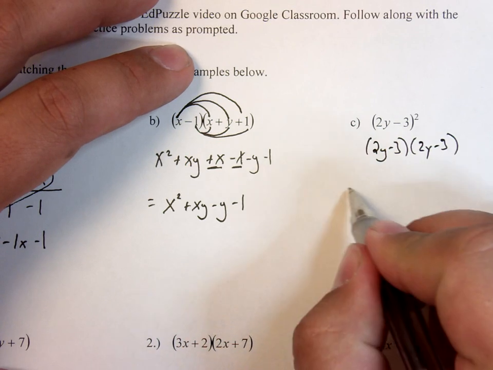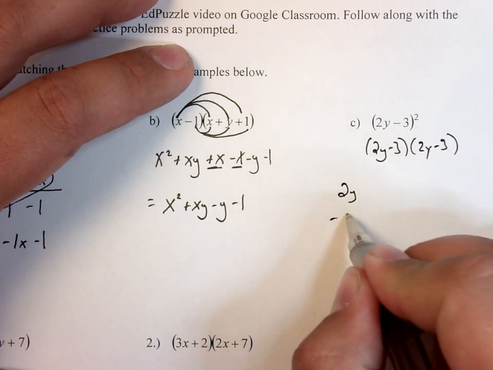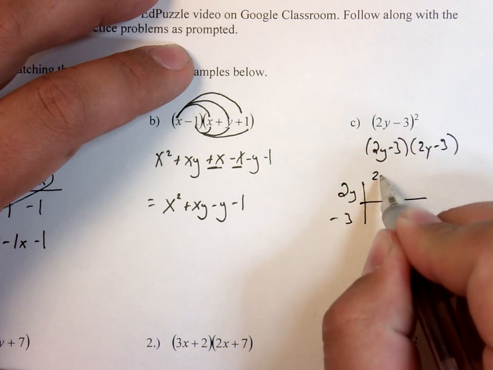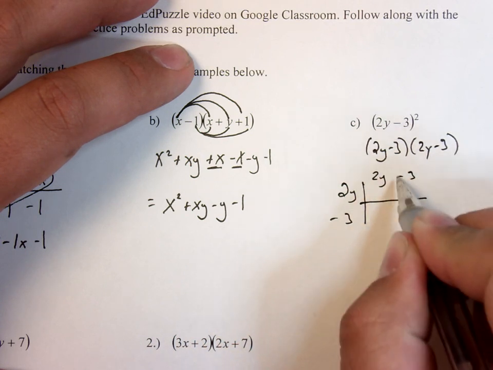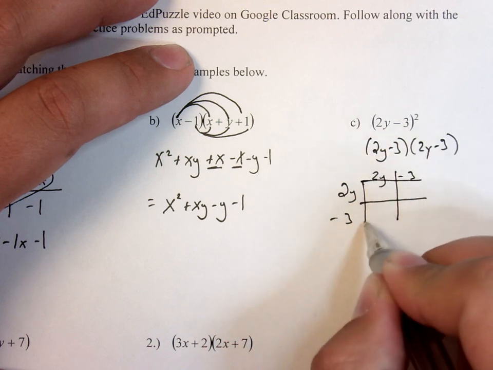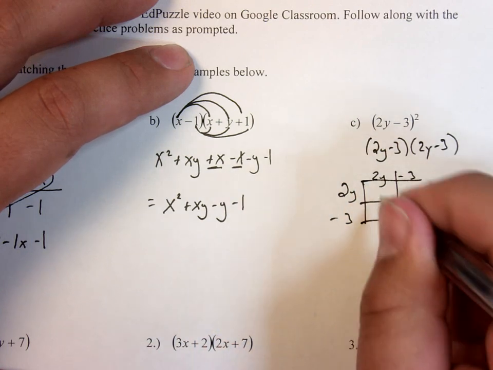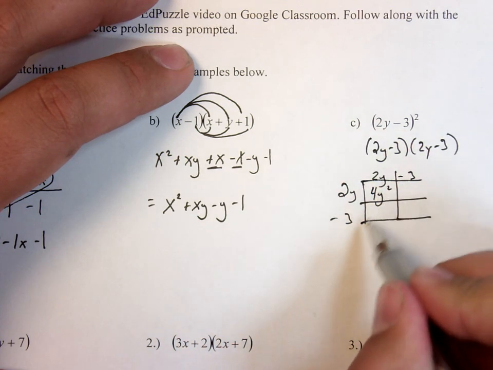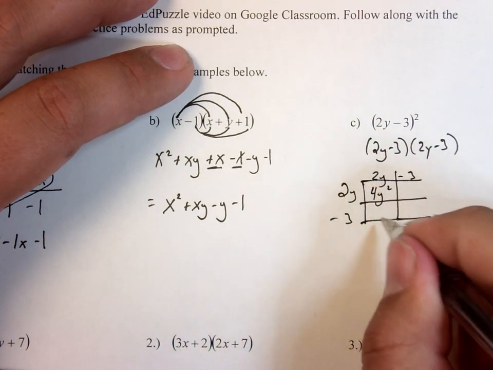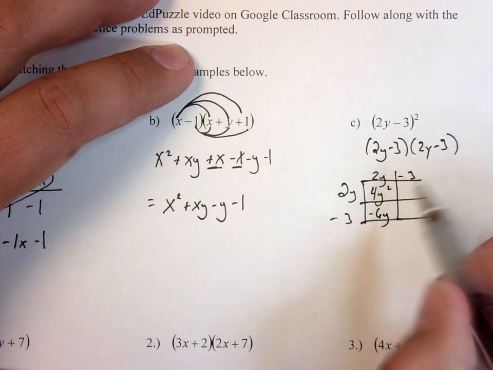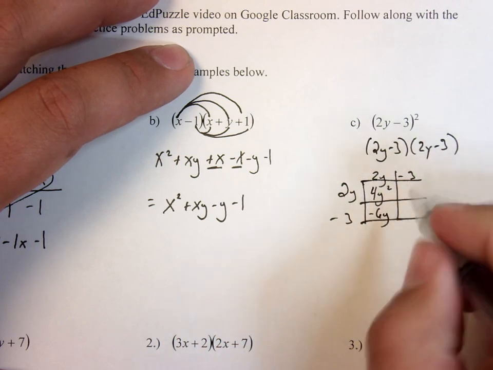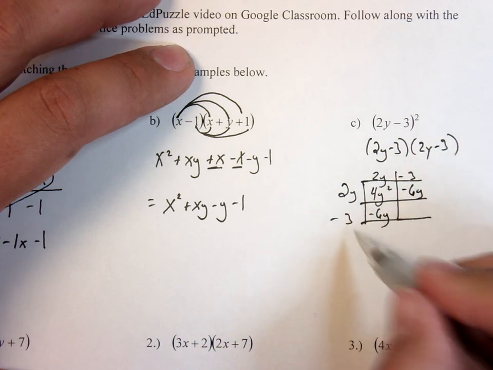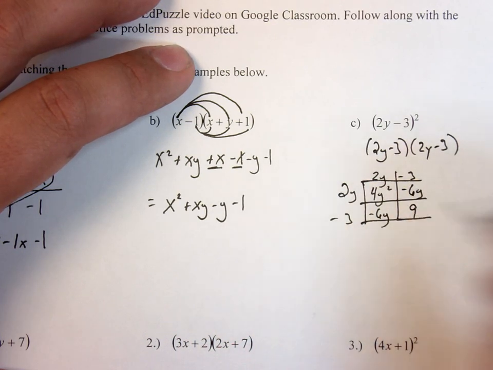I'm going to do a generic rectangle for this one. 2y minus 3 multiplied by 2y minus 3. 2y times 2y is 4y squared. 2y times a negative 3, negative 6y. Negative 3 times 2y, negative 6y. And negative 3 times negative 3, which is a positive 9.